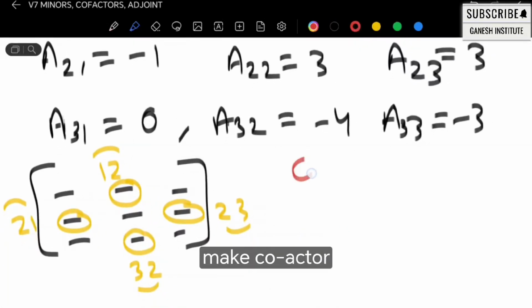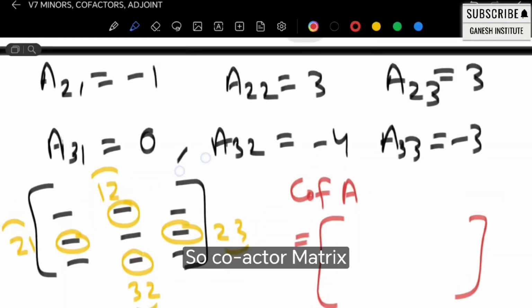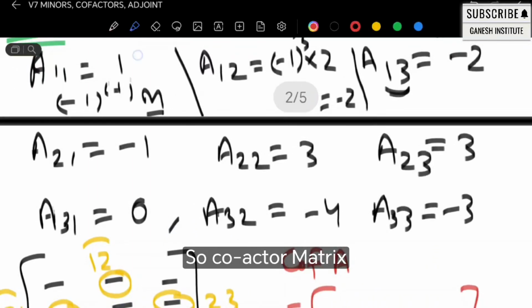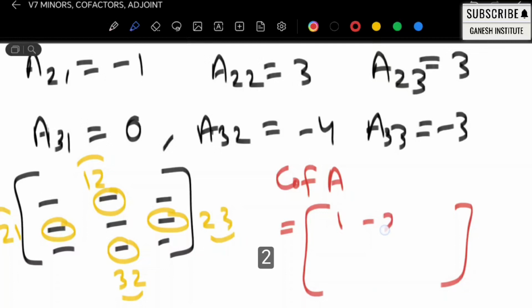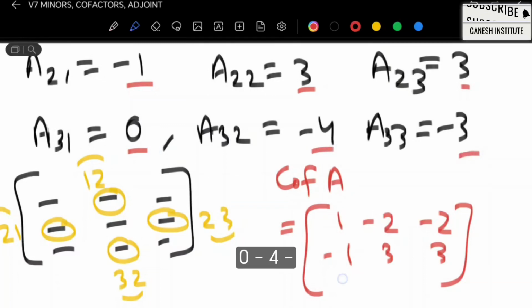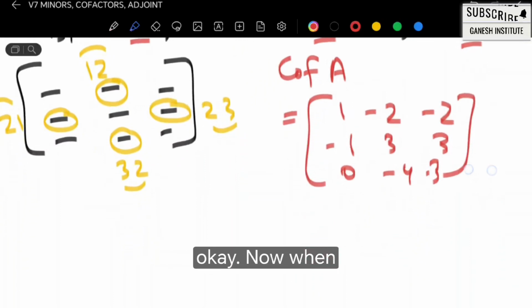Now make the cofactor matrix. So the cofactor matrix: 1, -2, -2; -1, 3, 3; 0, -4, -3. Okay.